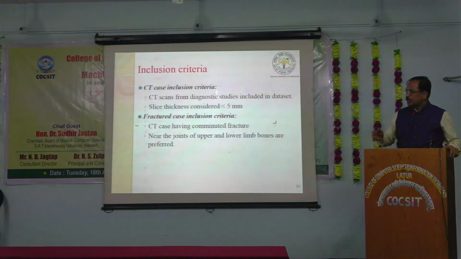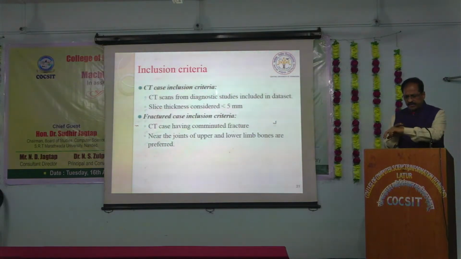If we take the entire CT scan, our image database becomes too large, and between one slice and the next there is not much difference. So we considered slices such that we kept a minimum 5 mm distance between one slice and the next, so that we can find some level of difference between the two.